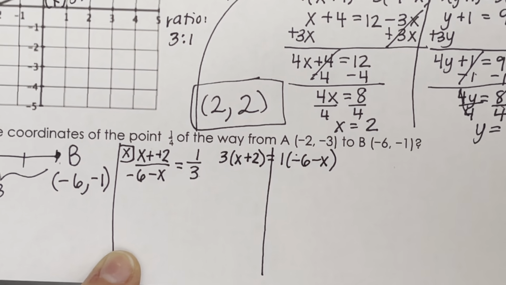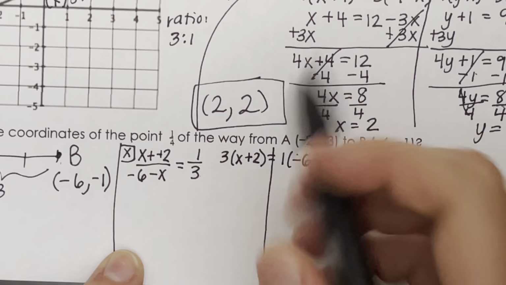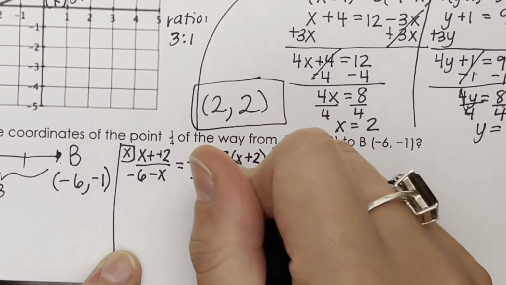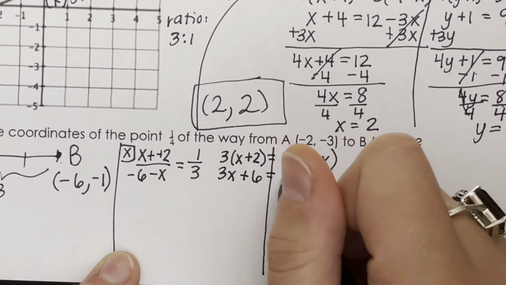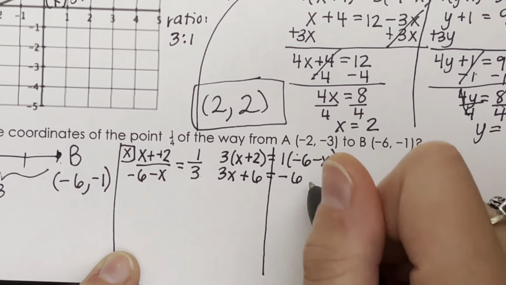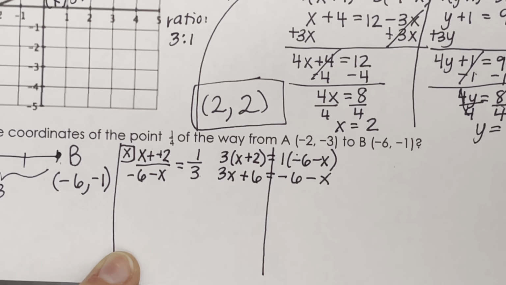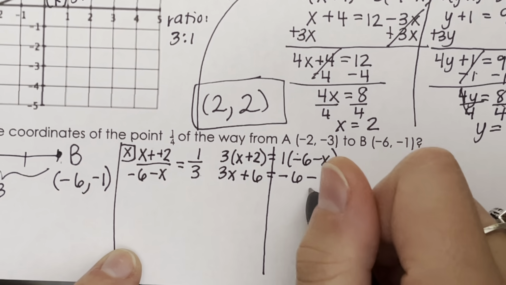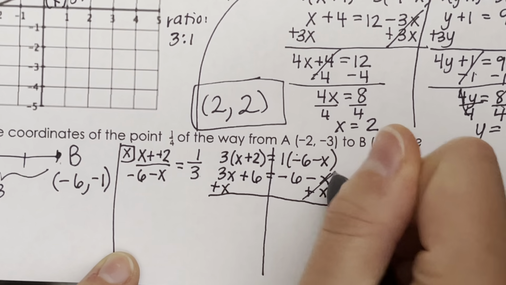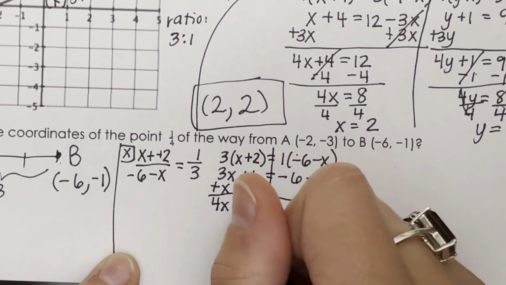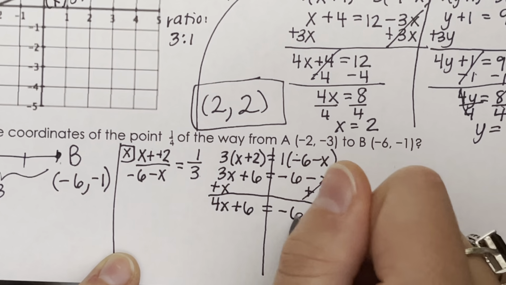Now I've got to do a little bit of distribution. So 3 times x is 3x. 3 times 2 is 6. 1 times -6 is -6. 1 times -x is -x. Get all my x's to the same side, so I'm going to add x. I get 4x plus 6 equals -6.